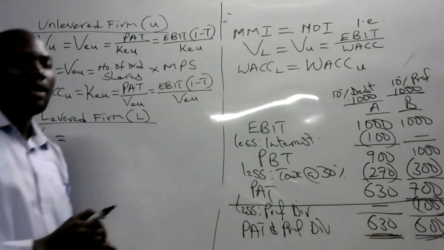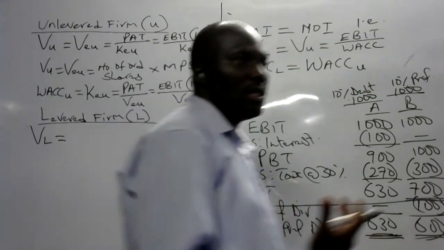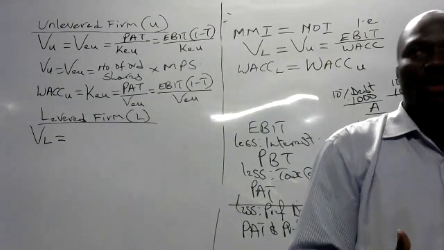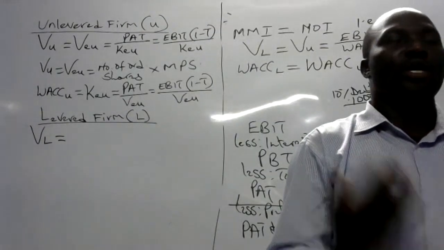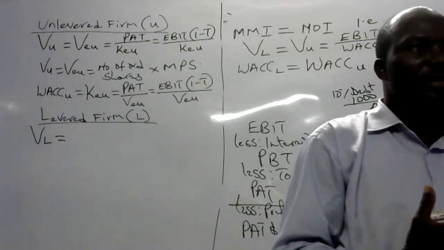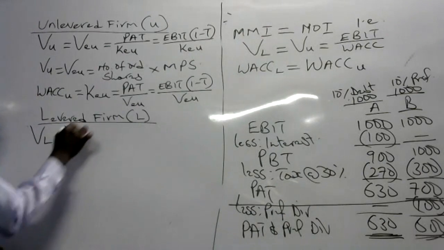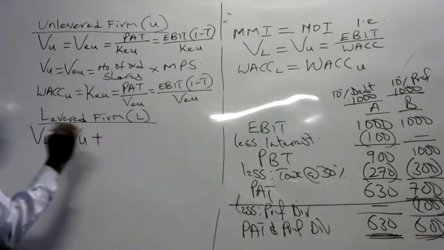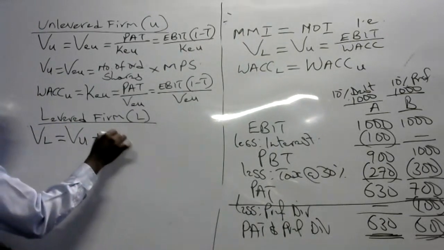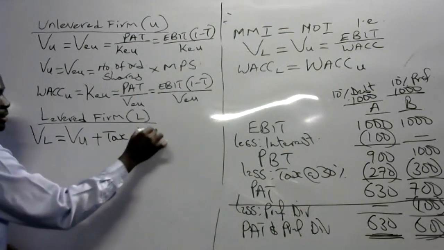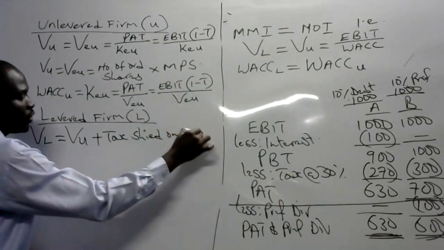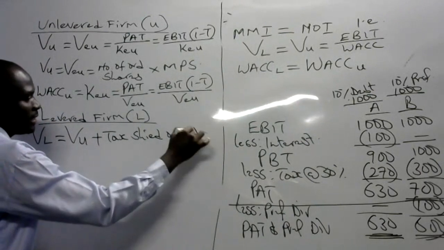walisema kuwa the introduction of debt will be an additional value to a company that does not have debt. So we start from the value of the company that has no debt, then we add the tax shield on total debts.